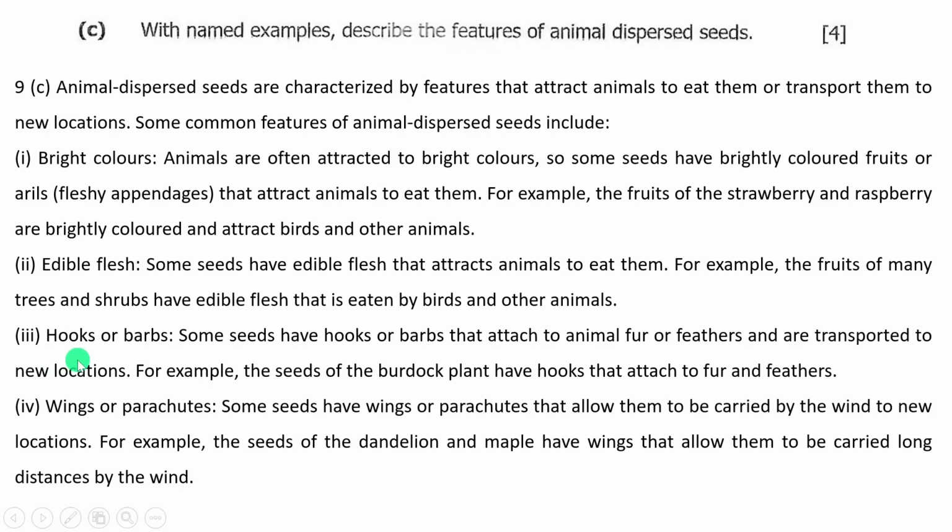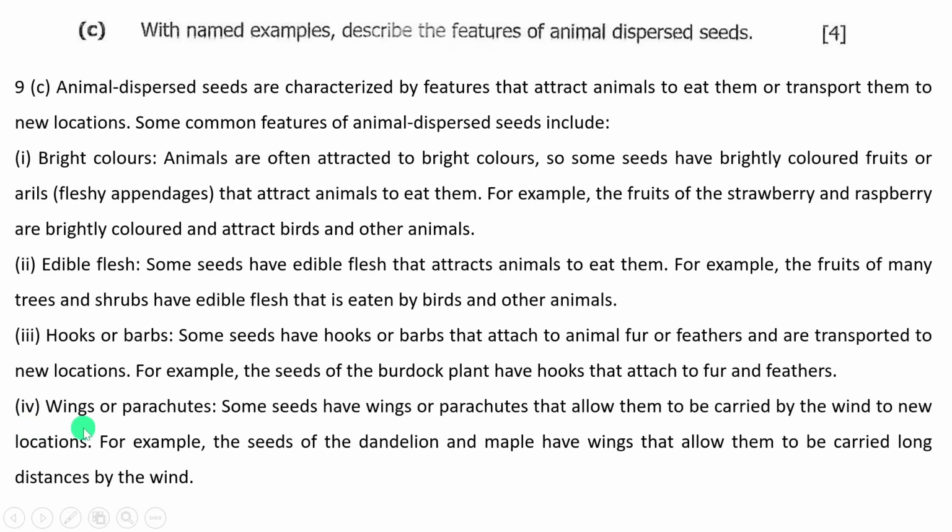Then part three, hooks or burrs. So some seeds have hooks or burrs that attach to animal fur or feathers and are transported to new locations. For example, the seeds of the burdock plant have hooks that attach to fur and feathers.